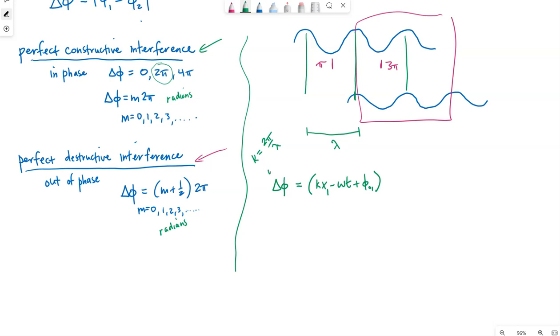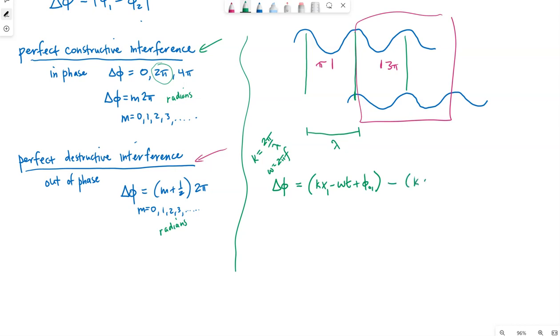Omega, similarly, 2 pi f, they will be the same because we're working with identical waves. And t, time, we can only observe something at one moment in time. So we can't talk about these two different waves interfering at different times. That just doesn't make sense.